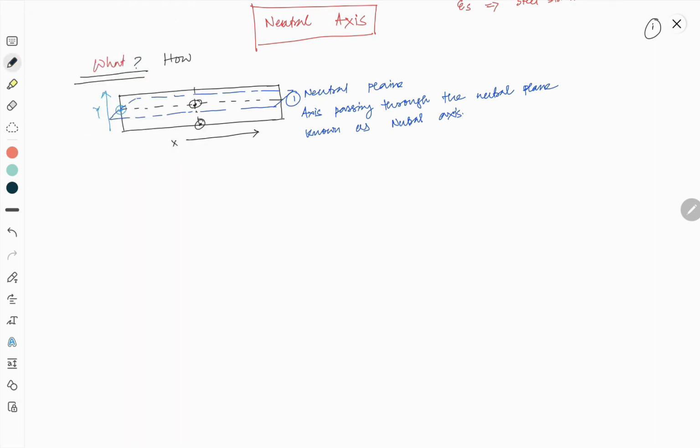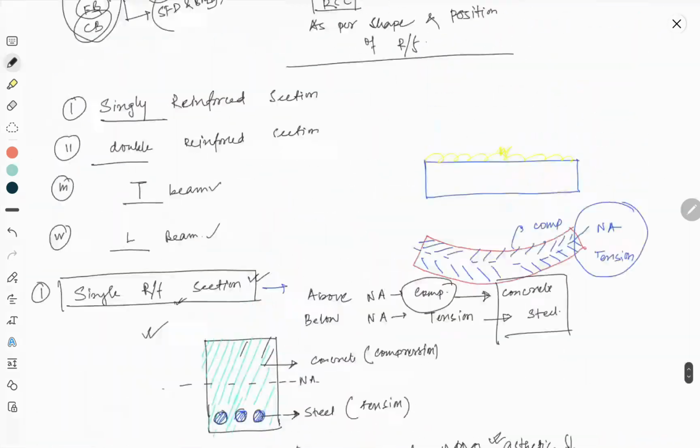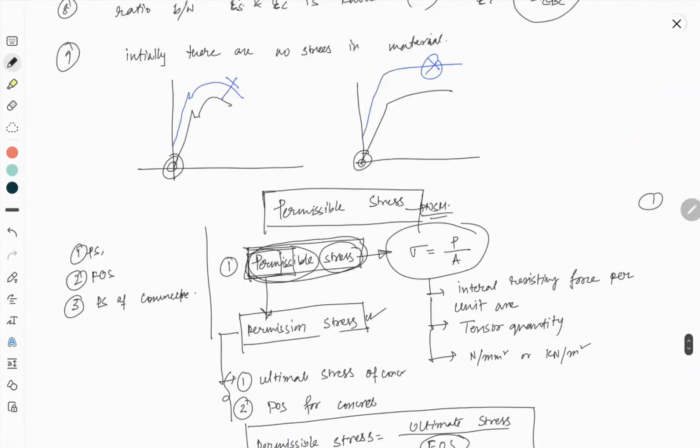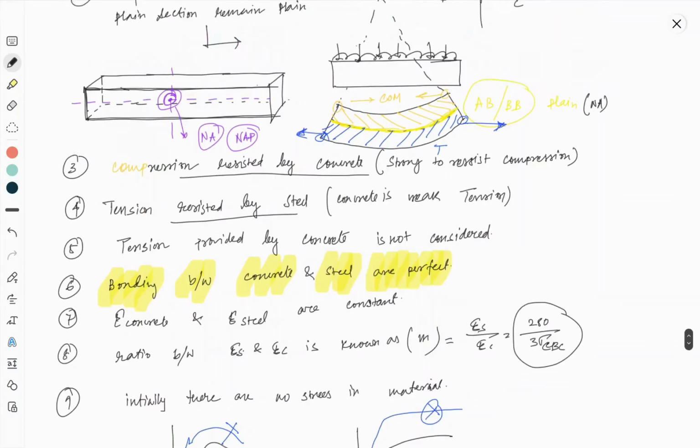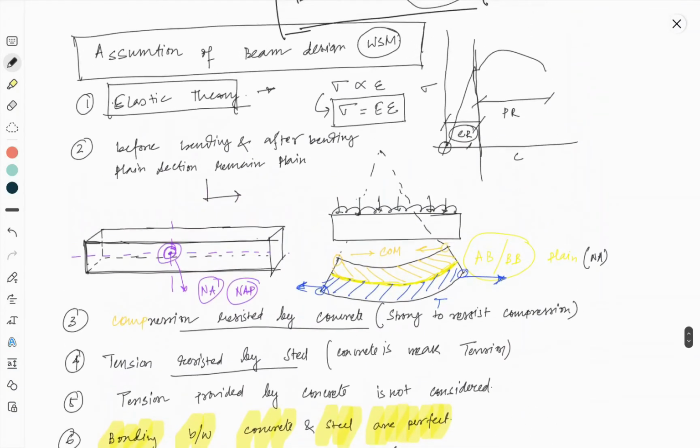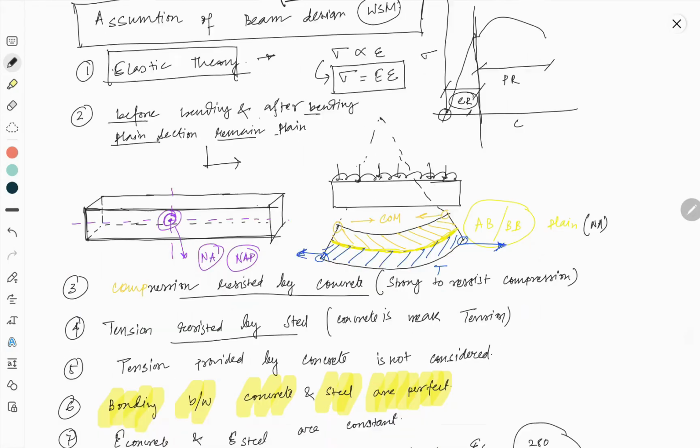As I mentioned in the earlier video, there is no tension, no compression. That is why I mentioned in my video that before bending, after bending, plane sections remain plane.